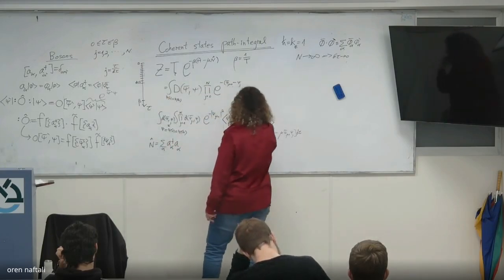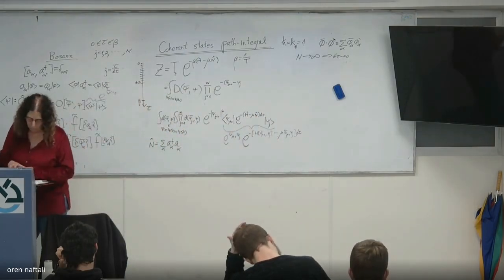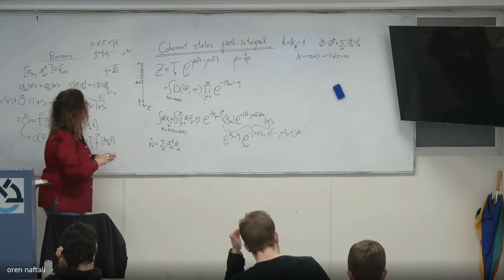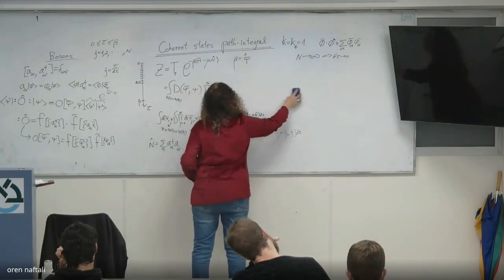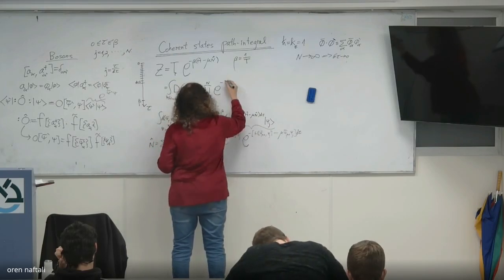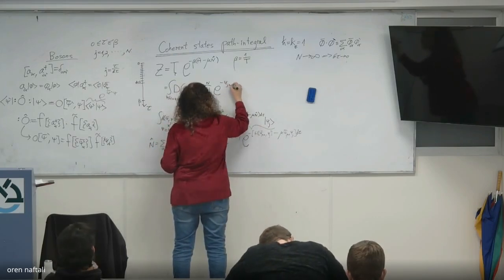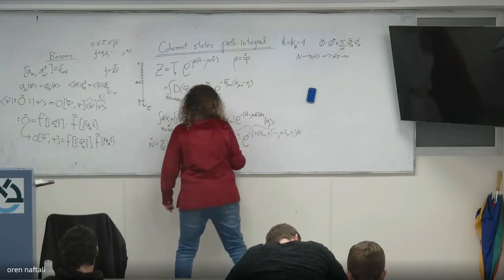Let me just think. No, sorry, it's okay. It's fine. So I have psi j plus 1 bar. Then I have psi j plus 1. This is coming from here, minus psi j, which comes from here.